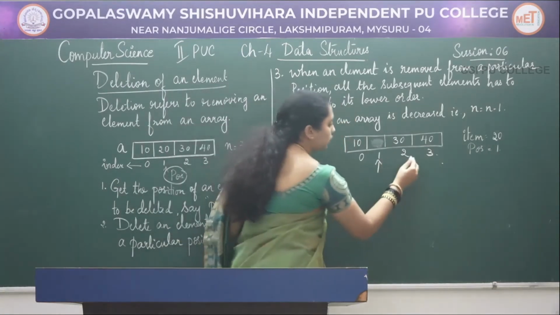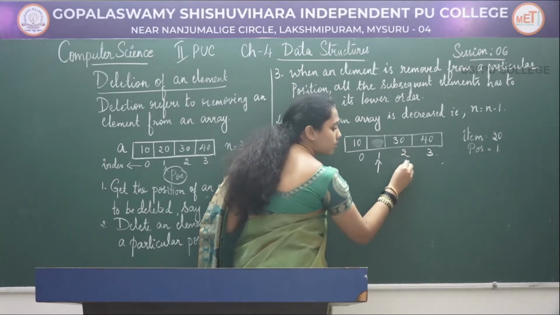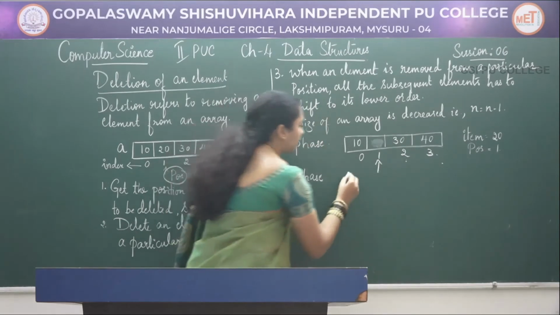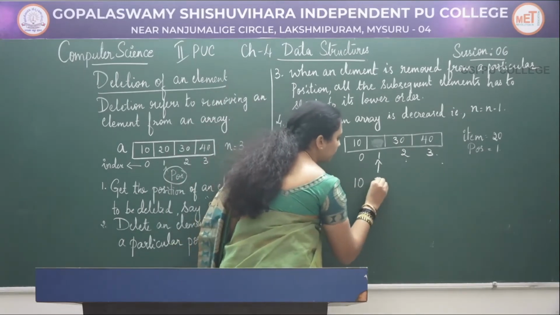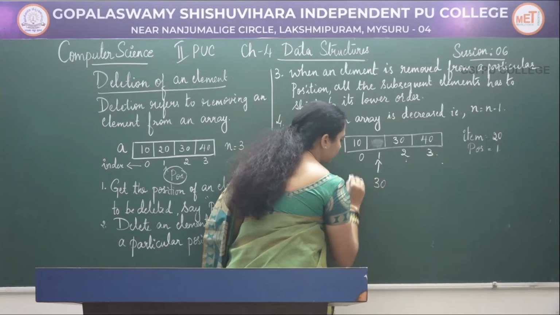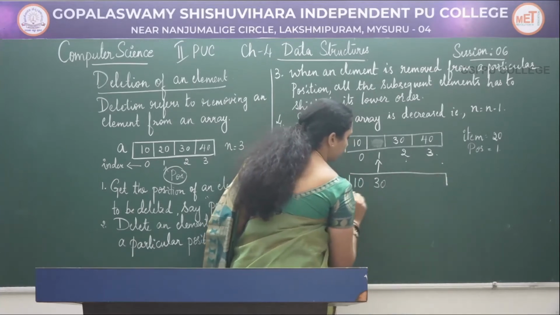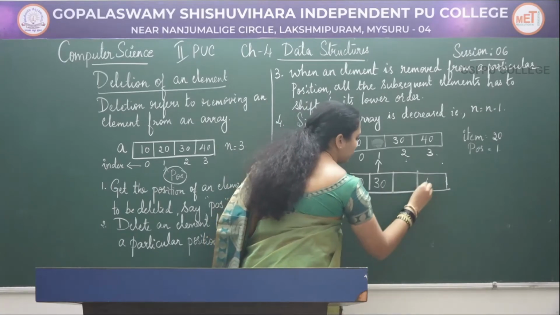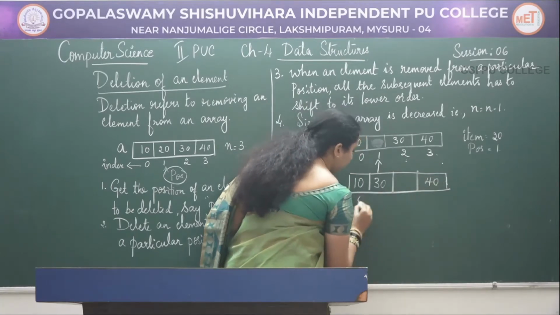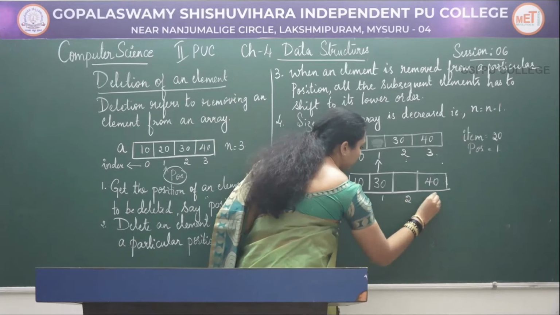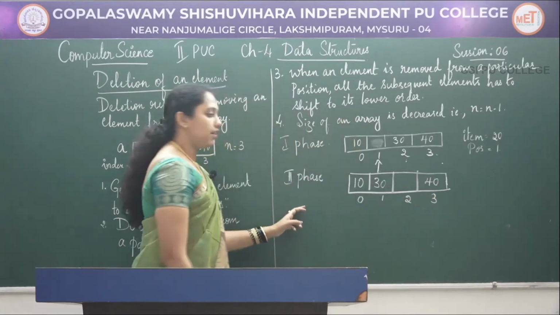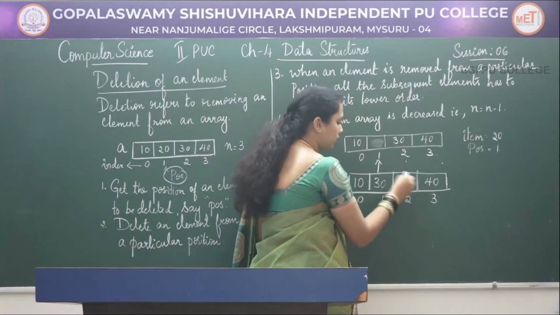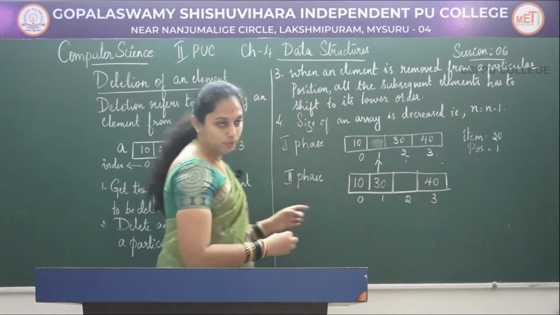That is, I am going to shift 30 from position 2 to position 1. See, in the second phase, I have shifted the element 30 from position 2 to position 1.